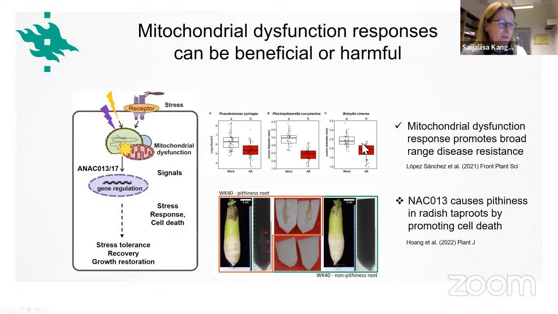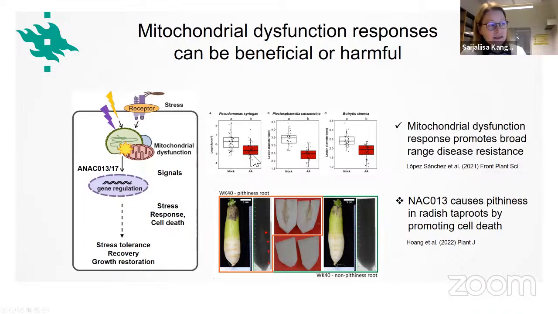And here in the upper picture, for example, of the figure, you can see that the Arabidopsis thaliana plants were treated with this antimycin A, and then a few days later were infected with different types of plant pathogens.